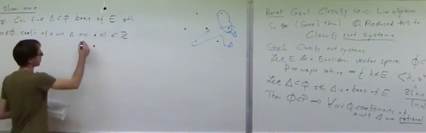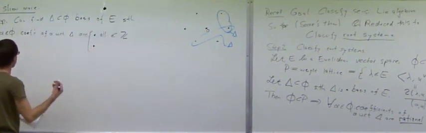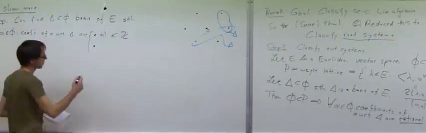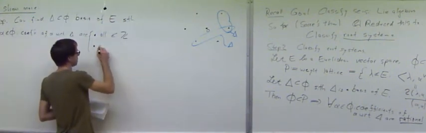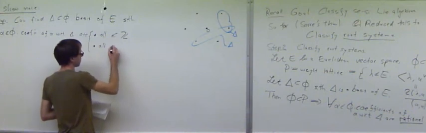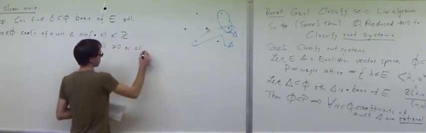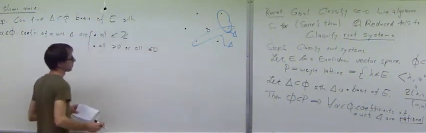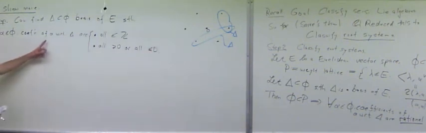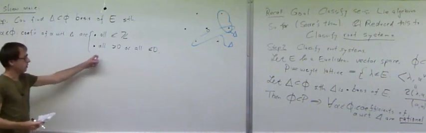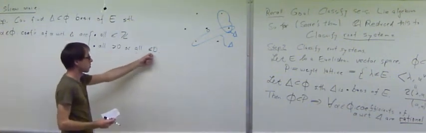So there are two properties which are supposed to hold. First property, that all coefficients are integers, and the second property is that depending on alpha, they are either all positive or all negative.